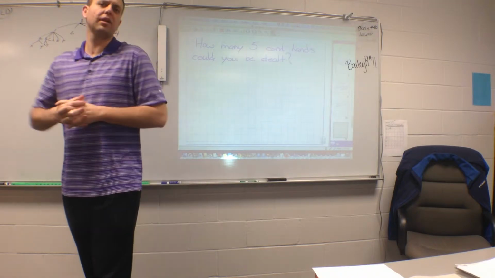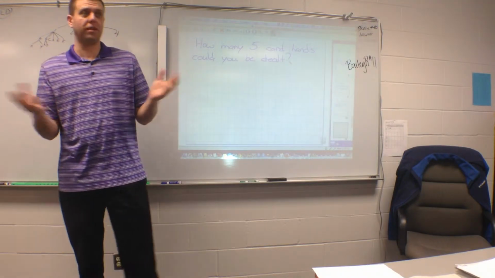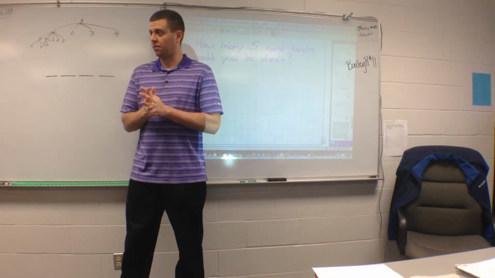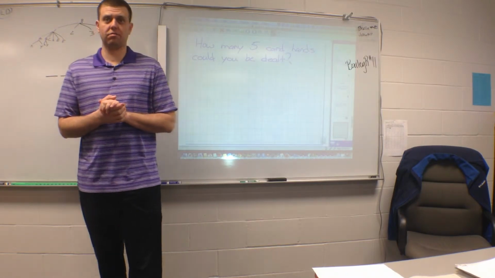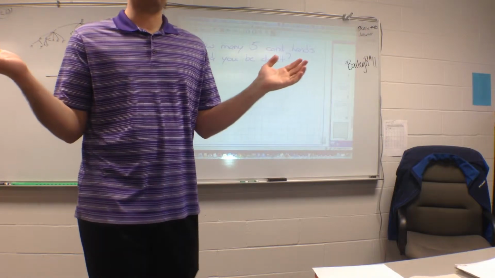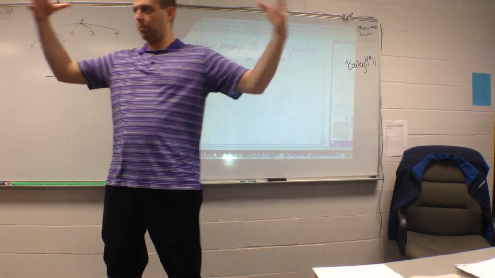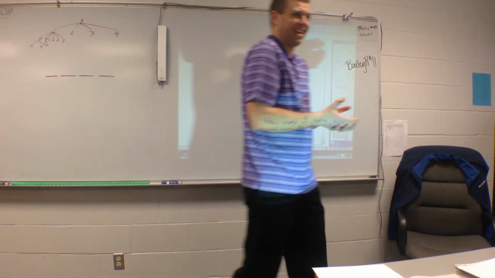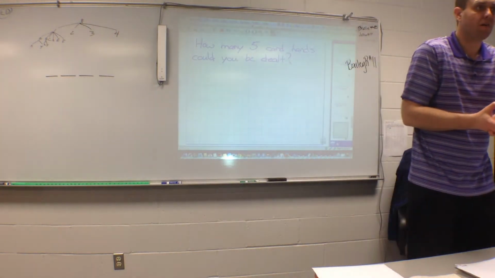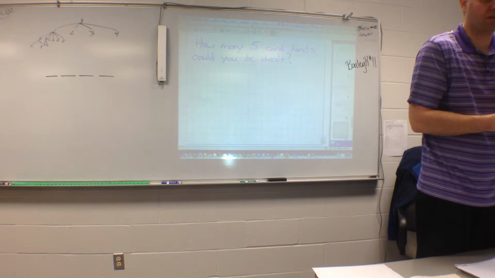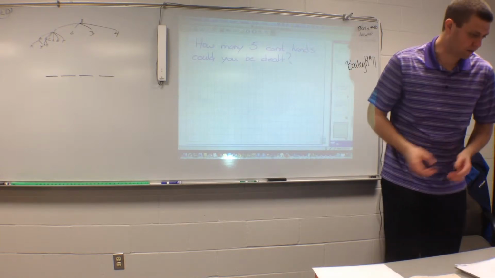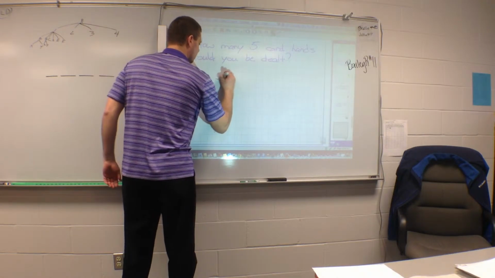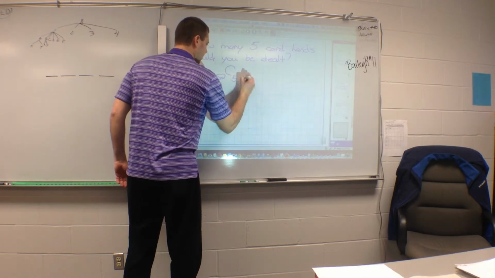We can get the numbers here in a second, but I just want to know, do you know what to do? 52 NCR 5. Does that make sense? Why is it 52? That's how many total cards I have in my hand. I'm the dealer, I got 52 cards in my hand. You're getting how many of them? 5. Does the order matter that you get those 5 cards? Not at all. So the answer to this would be 52 NCR 5.